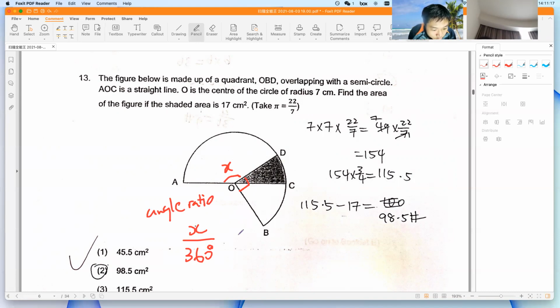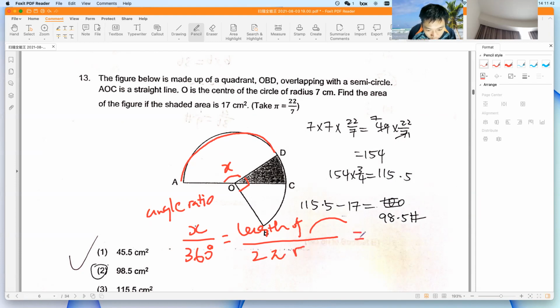So the angle ratio is equal to the length of the arc over 2 pi r, which is the perimeter of the entire circle.